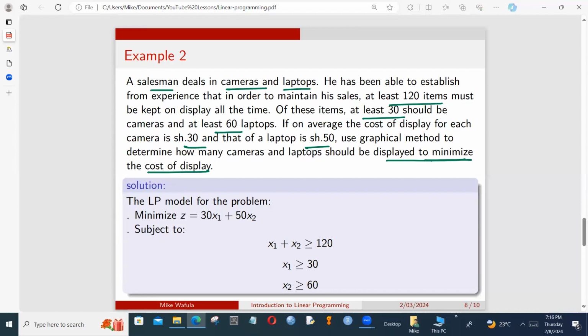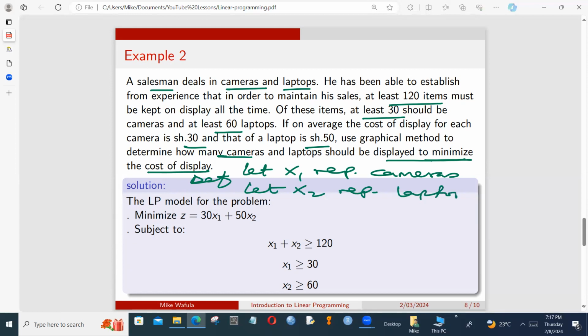So this is a minimization problem. If we define the decision variables again, we can let x1 represent the cameras to be put on display, and we let x2 represent the laptops that should be displayed.